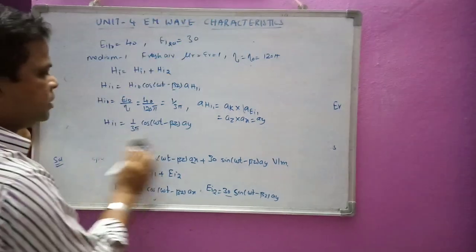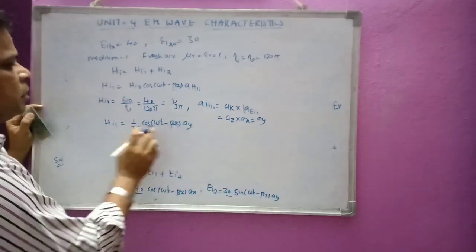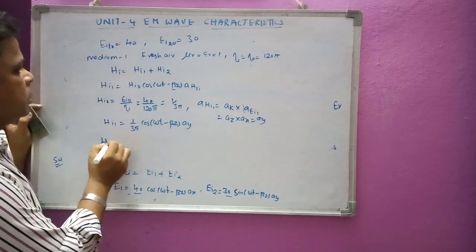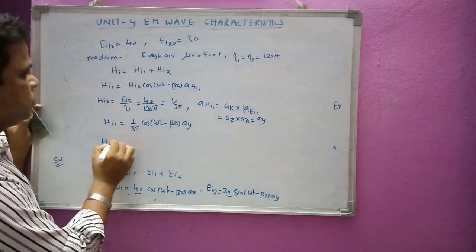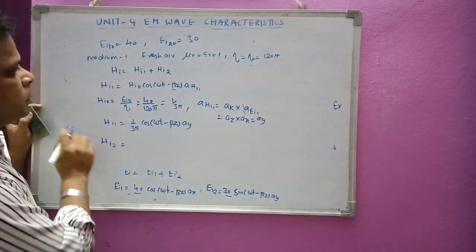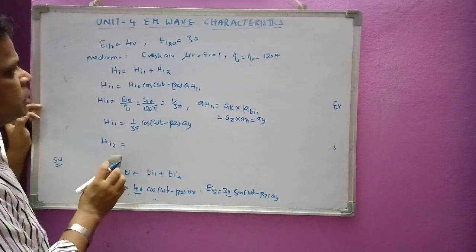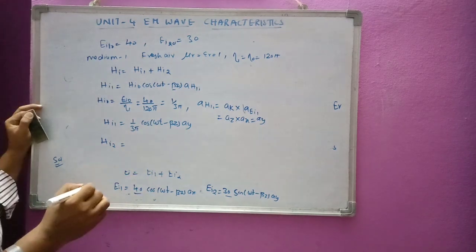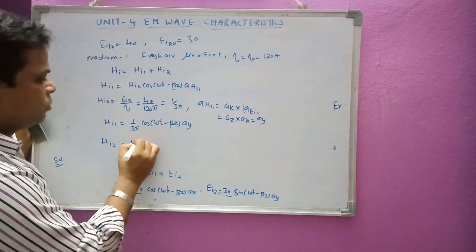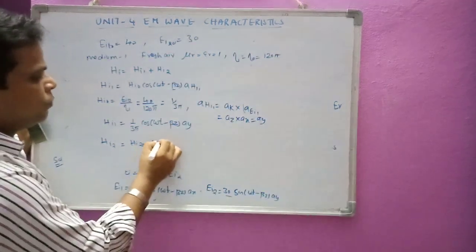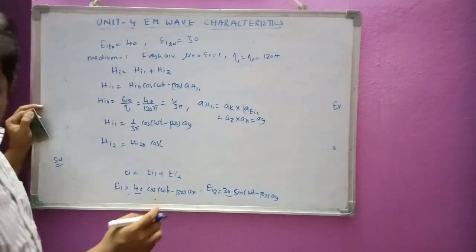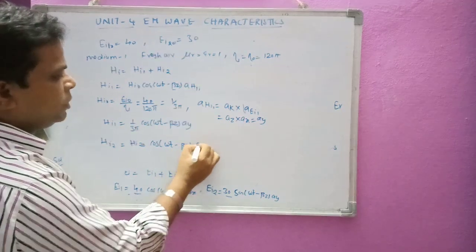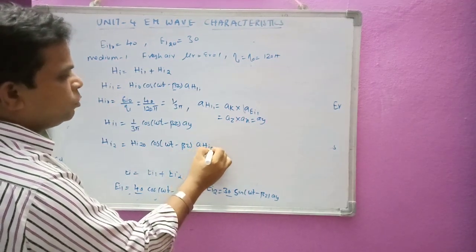Similarly, I have to find the answer for HI2, that is HI2 equals HI20 cos of omega t minus beta z into aHI2.